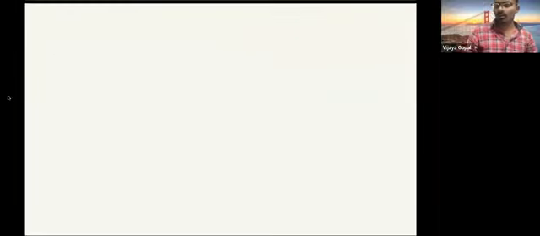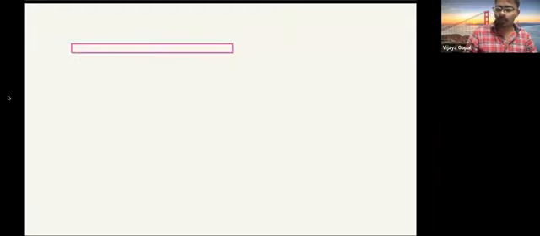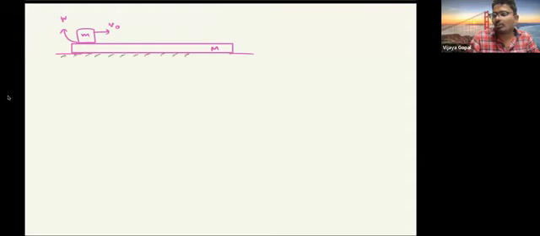You guys try solving this question. There is a plank, and let's say the plank has some velocity, and on top of it I'm keeping a small block. Initially I throw it with some velocity v naught, and there is a coefficient of friction mu. The plank is on a ground which is smooth.